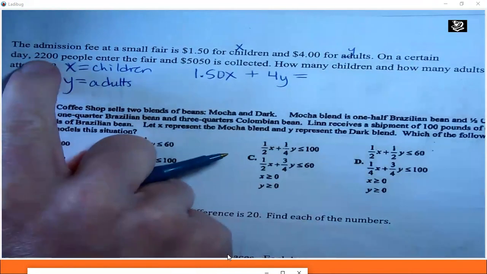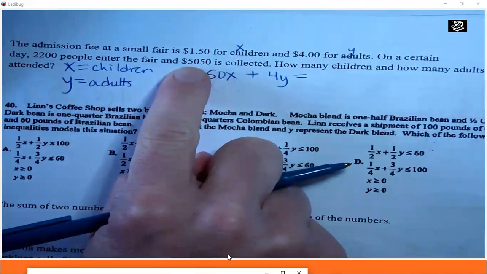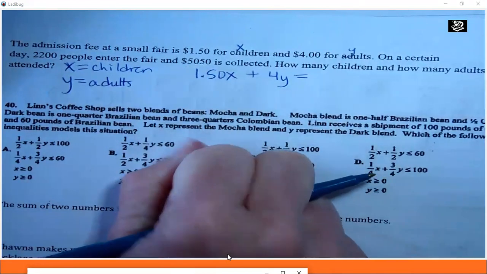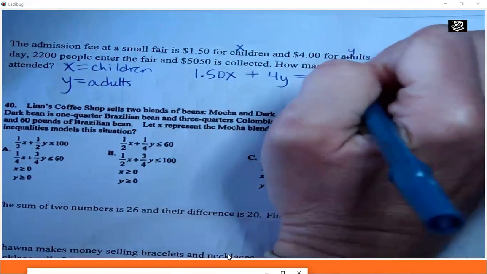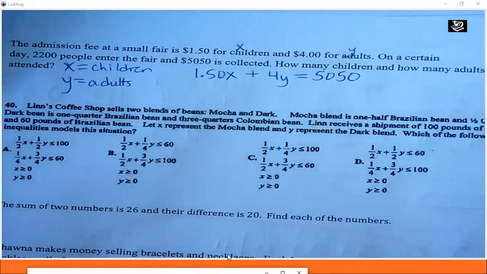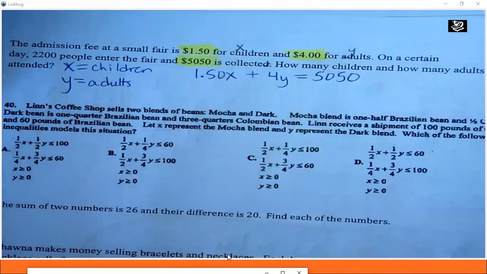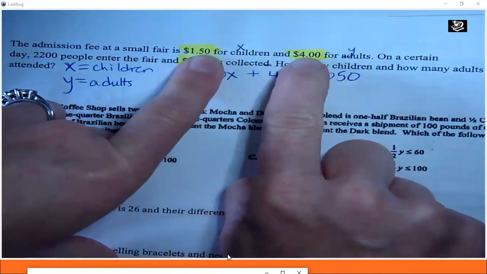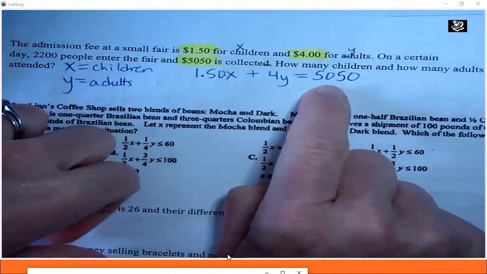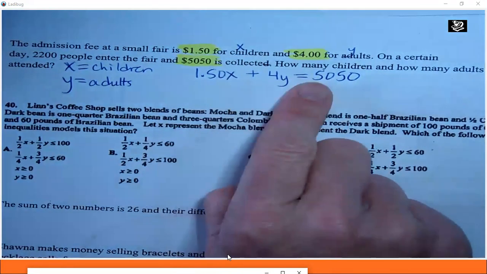What do you think? The 2,200 or the 5,050? 5,050. Good. Why did you pick that one? Because it's money. This is money, money, money. Show me the money. This is your money, money, money equation. If $1.50 and $4 are money, you should pick the one with money for what the total is going to be. Money, money, money. Okay.